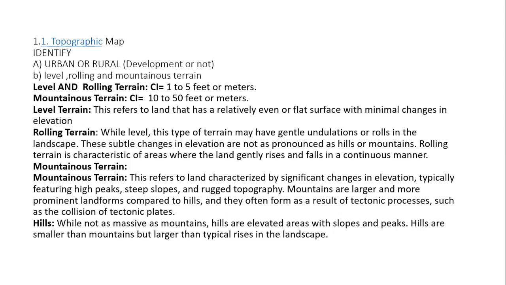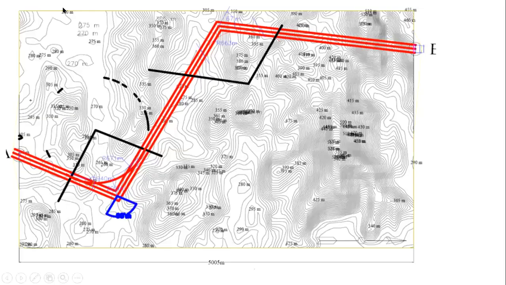And when the hills are not as massive as mountains, hills are elevated areas with slopes and peaks. Now let's go to the topographic map. This is a typical topographic map, and on this map we need to determine two things. One is the type of terrain. As you can see, there is a general guidance: if your contour interval is up to 5 meters, then it is a level or rolling terrain.